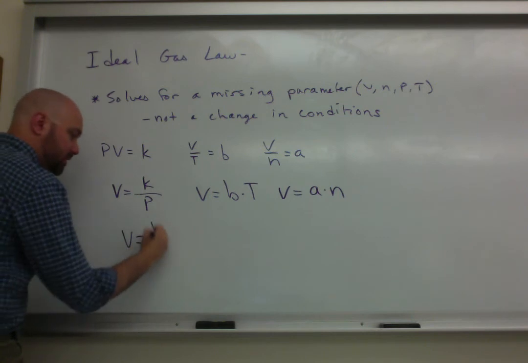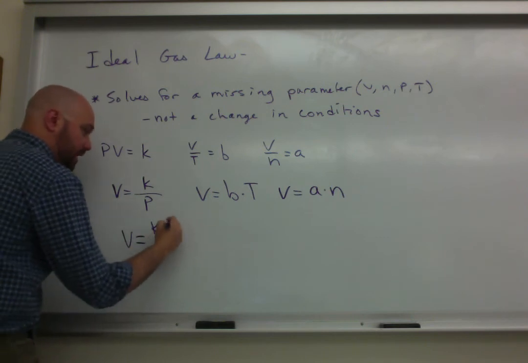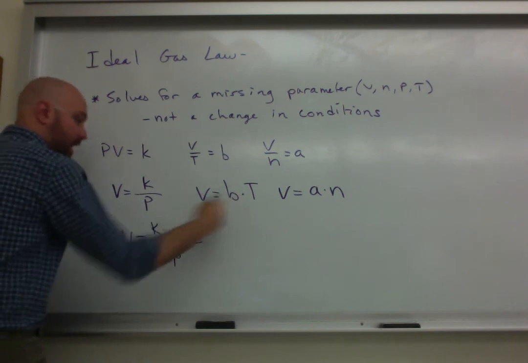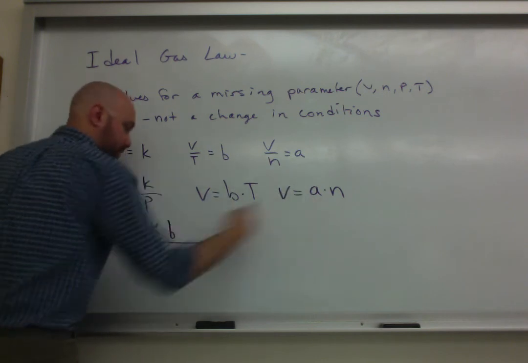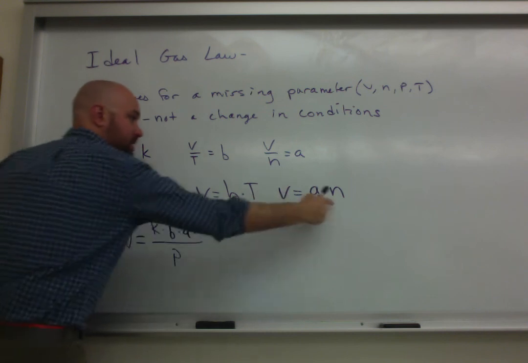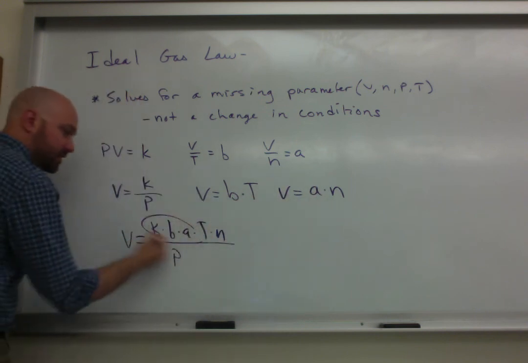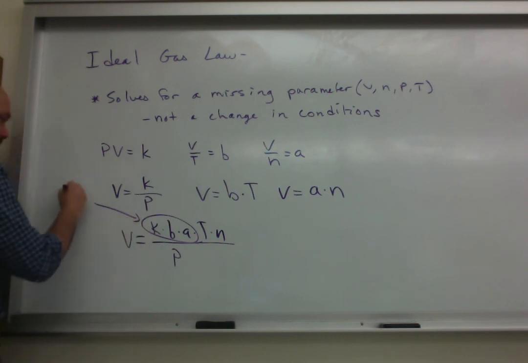So volume is equal to K times 1 over P times T times N. So these all are constants.